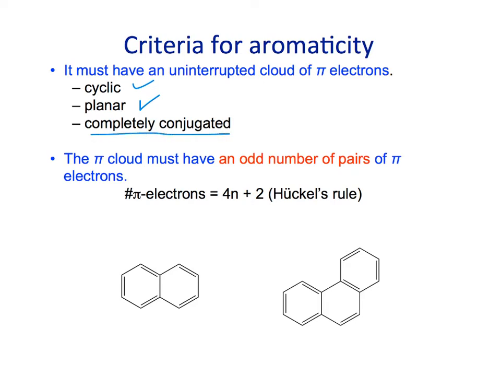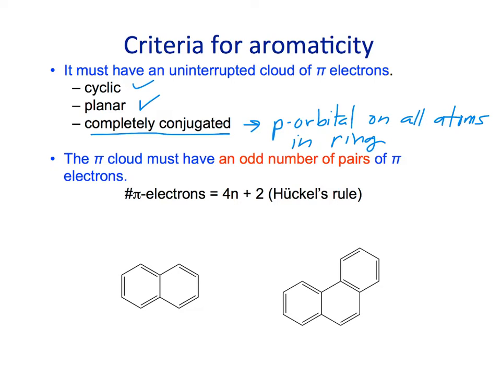So this means that it has to have a p orbital on all atoms in the ring. Okay, we saw before you could have different substituents attached, and those don't affect whether the ring itself is aromatic. Okay, so it's got to meet those three criteria.